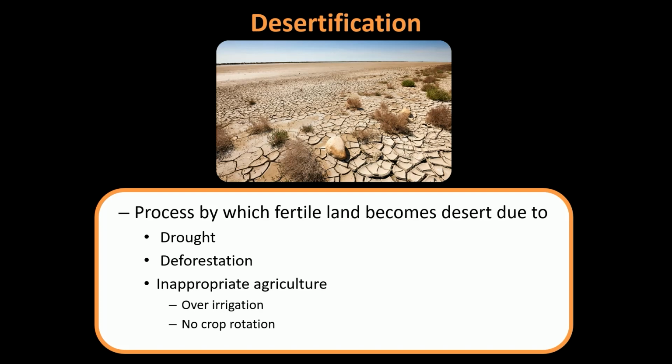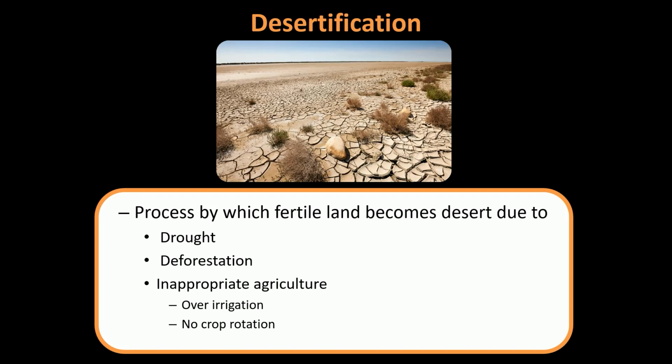So what happens is, after years and years of over-irrigation, putting too much groundwater over the crops, we're putting layer upon layer of salt into the soil, and that causes a desert-like effect to build up, where the soil becomes no longer fertile for crops.